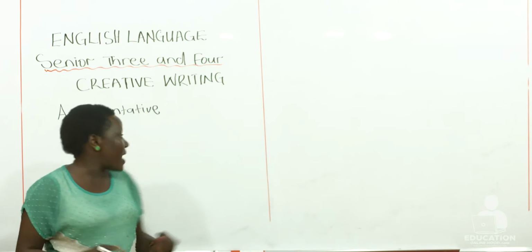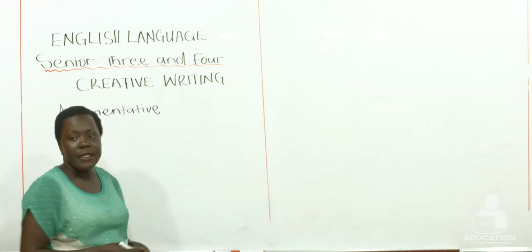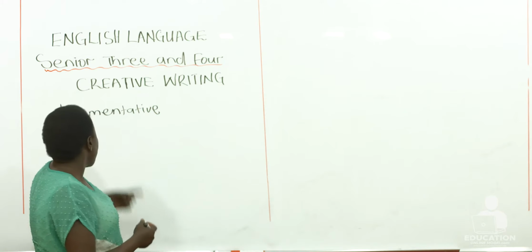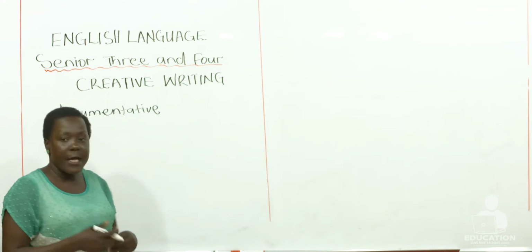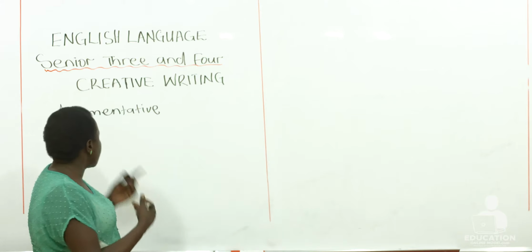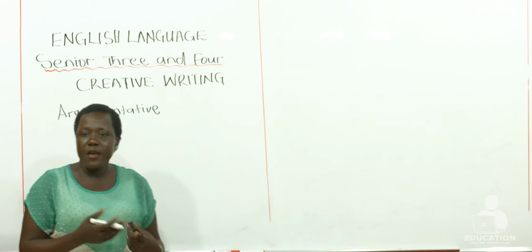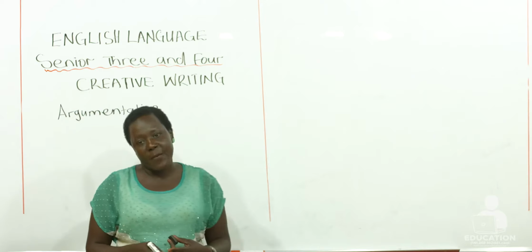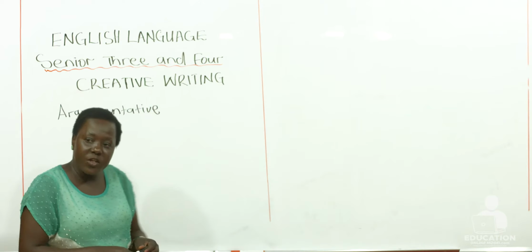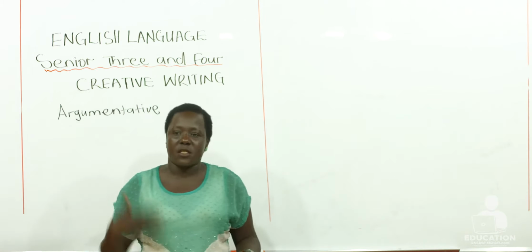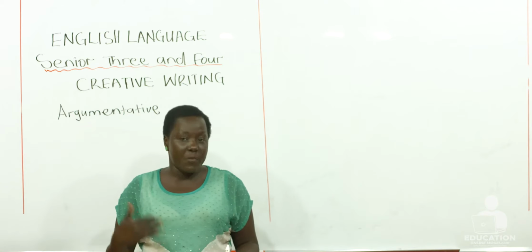Therefore, it is spelled as A-R-G-U-M-E-N-T-A-T-I-V, and E is the last letter. Today, we are not going to concentrate on the argumentative composition.